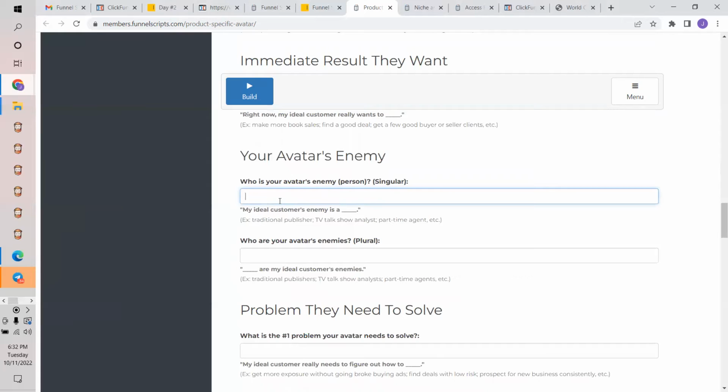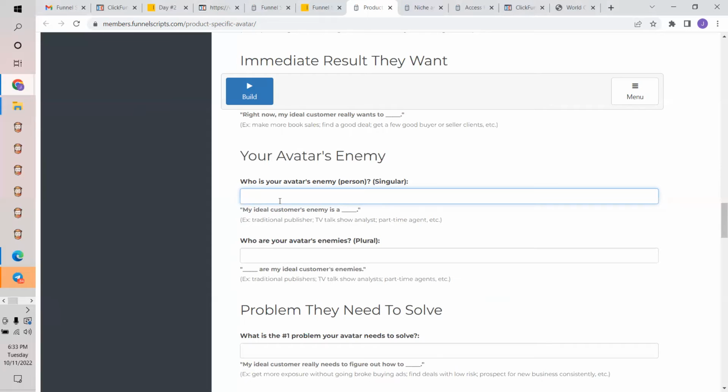My avatar's enemy. Now, my ideal customer's enemies. If I go into the lines of an avatar, what would their enemy be? I'm thinking about this in terms of how they say that your ideal client is just you five years ago. So what if I go back to me five years ago? What would be my avatar's enemy person? Who would be the guy that would want to harm them?